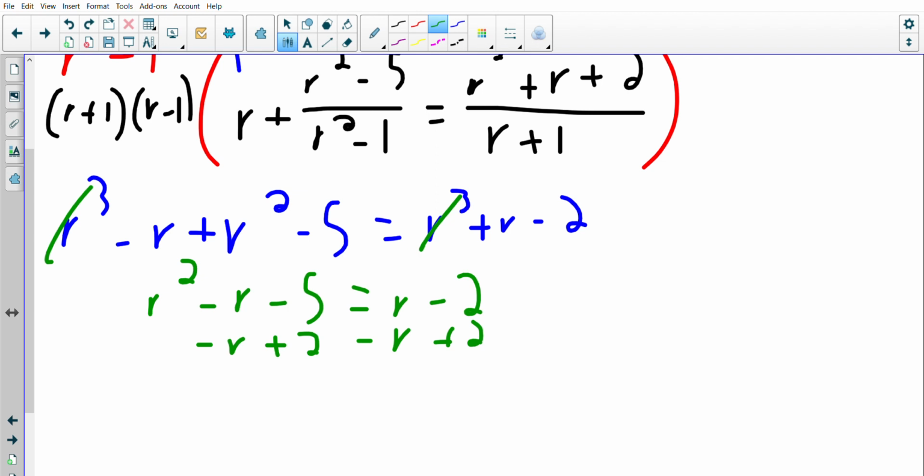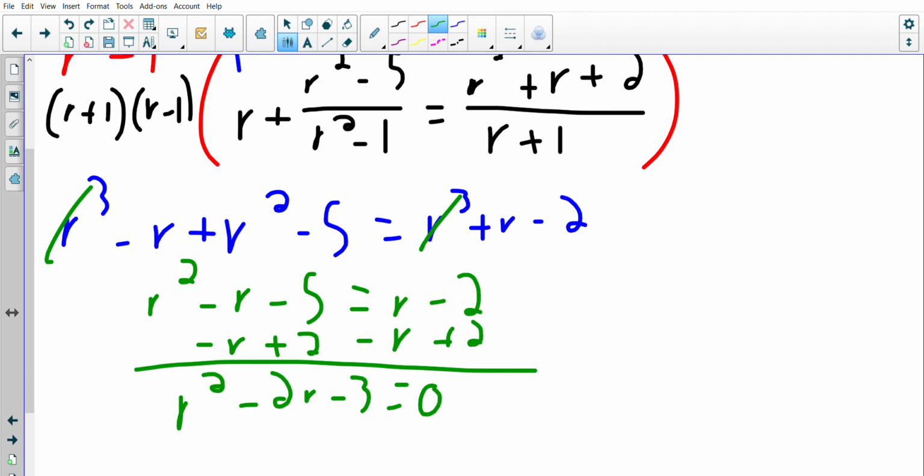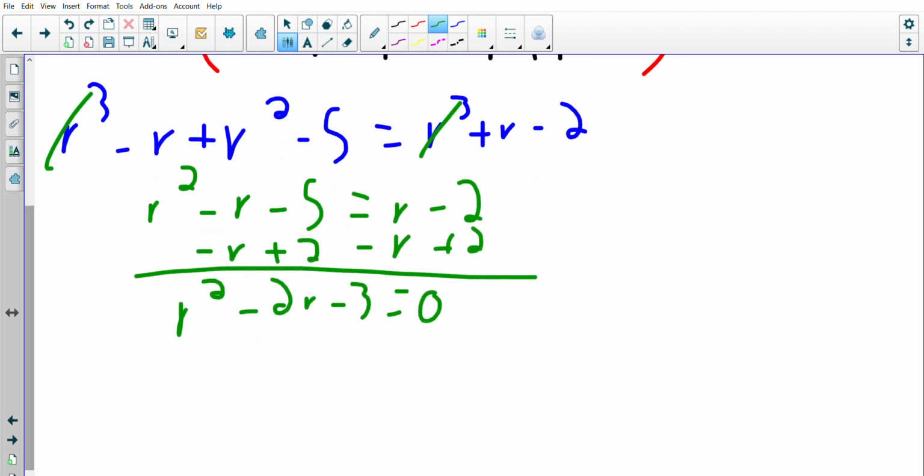All right, because since it's quadratic, we got to get it set equal to 0. So we have r squared minus 2r minus 3, and that's equal to 0. Okay, so now we factor, so we get r minus 3 times r plus 1 is equal to 0.